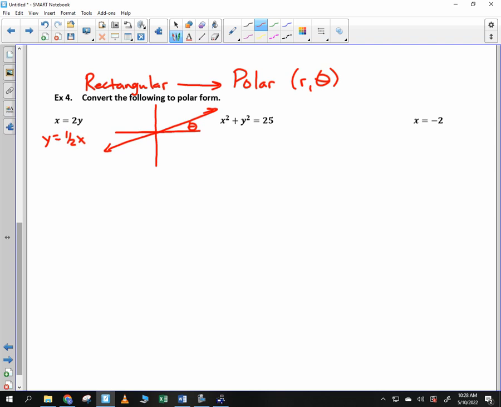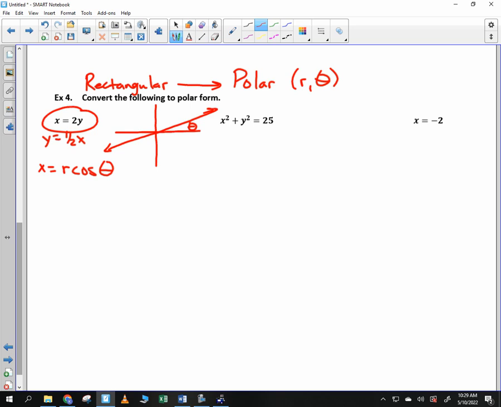Get it? Okay, so in order to convert this, all we're going to do is plug in a value. Yesterday you learned that instead of x, what could we put in its place, if we're converting from rectangular to polar? Very good. x was equal to r cosine of theta. Again, you get your own notes for this test, so please make sure that you figure out which notes you want to put down.